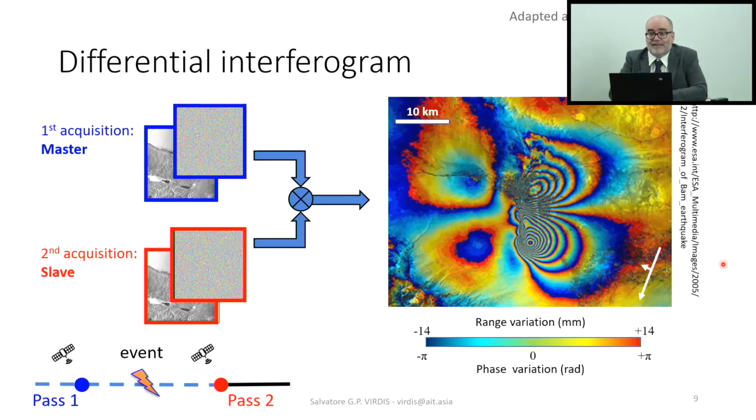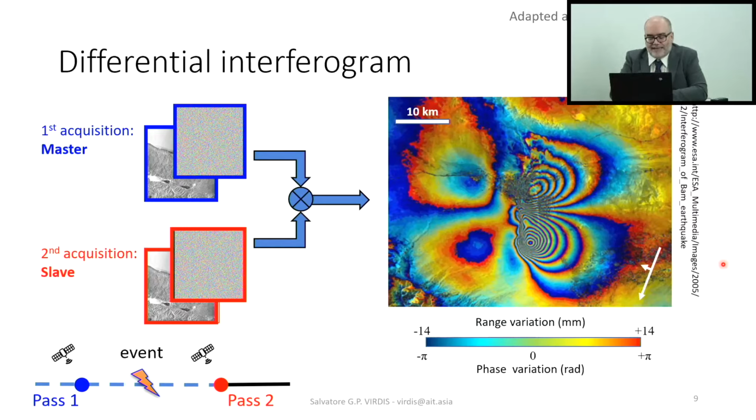It represents the difference of range between the satellite and the target on the ground. So if the target on the ground and the satellite change their relative distance, and the satellite is acquiring the scene from exactly the same or a very similar position, it means that the target is moving with respect to the satellite.